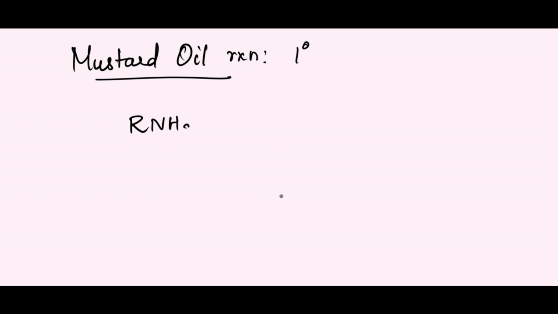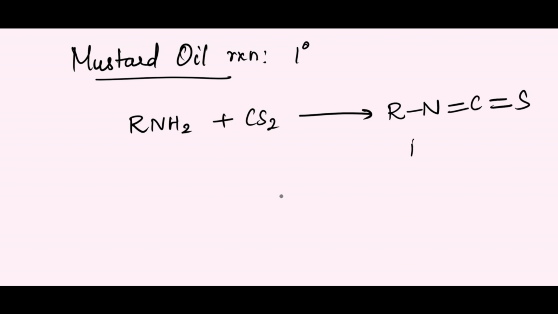Here we are using CS2 or COCl2 to produce N double bond C double bond S, which is called isothiocyanate.